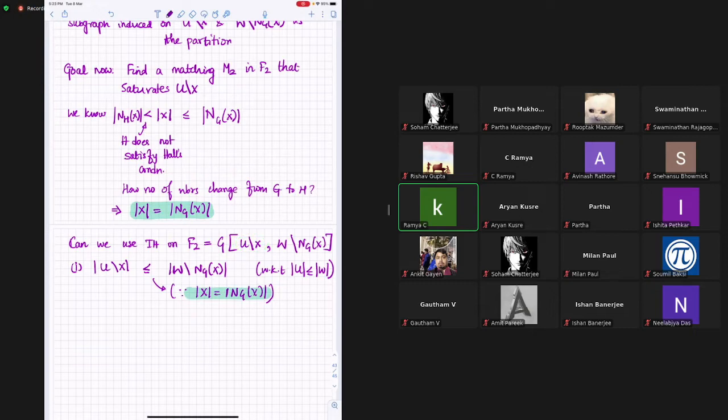Now you have to ensure that this smaller partition has cardinality, in order to use the inductive hypothesis, what should this be? Are things super clear or super confusing? It should not be really hard.